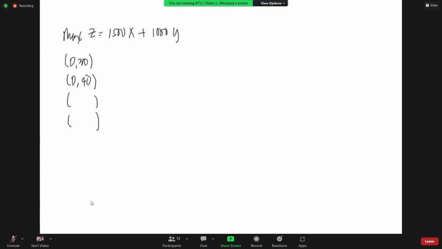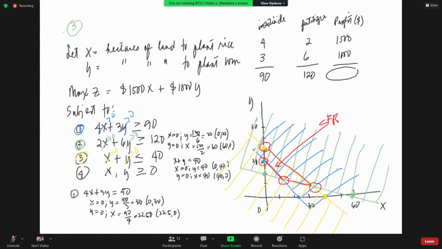Then we have the intersection of, ano bang nag-intersect dito? The intersection of green and yellow, so 2 and 3. Then the intersection of blue and green, 1 and 2.